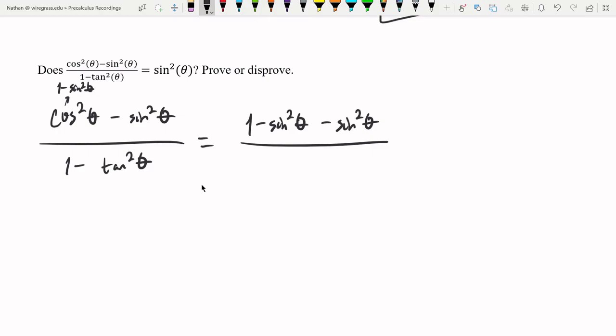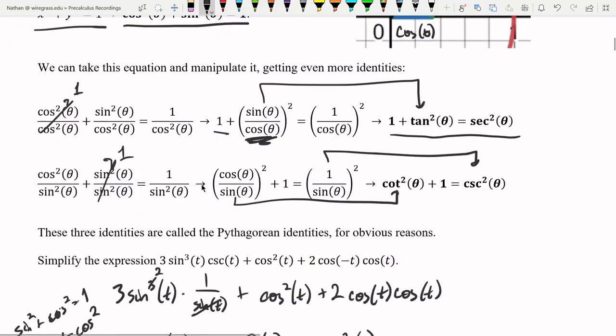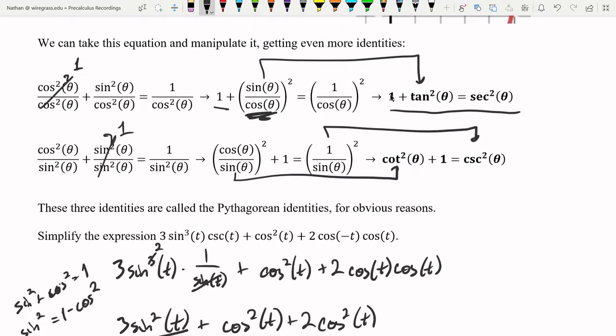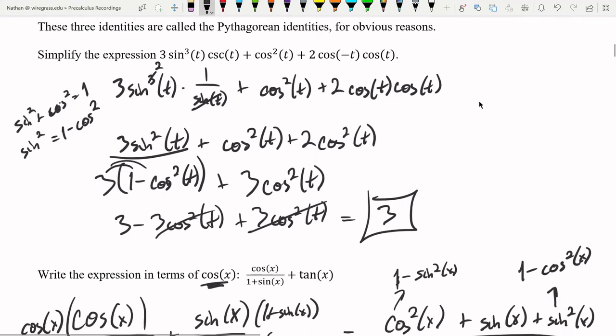Tangent, 1 minus tangent squared. If we go back to the Pythagorean identities, we have this one here. Secant is 1 over cosine. Since it's squared, that means I can change that to sine again, which might get me a little bit closer to where I want to go. So I'm going to use this identity: 1 plus tangent squared equals secant squared.